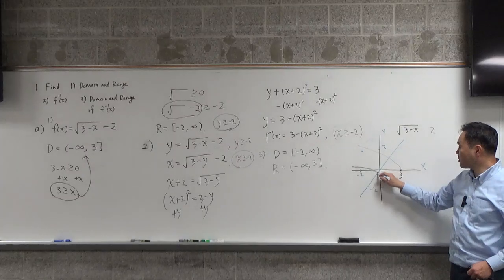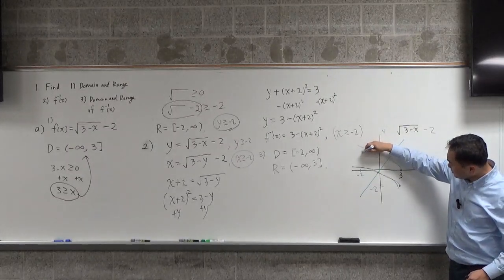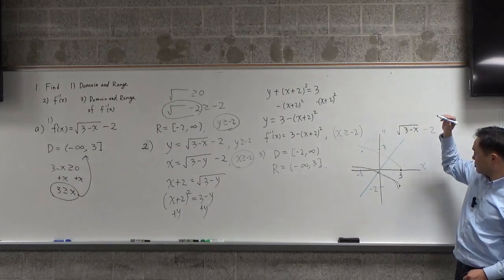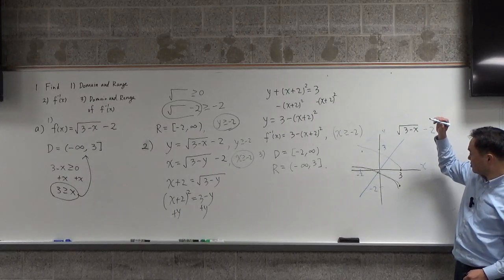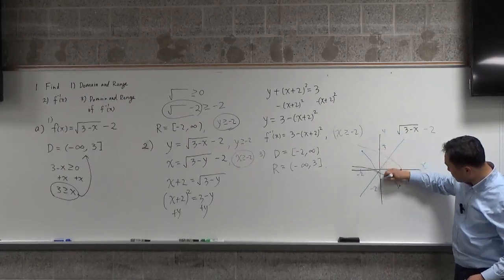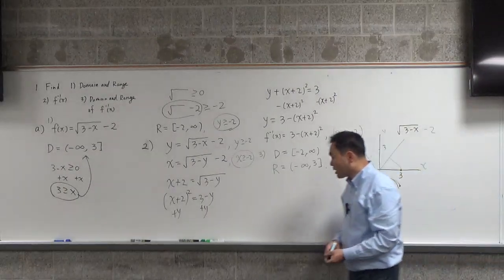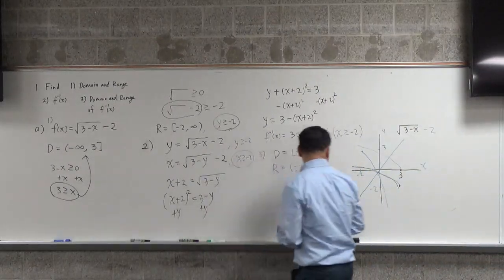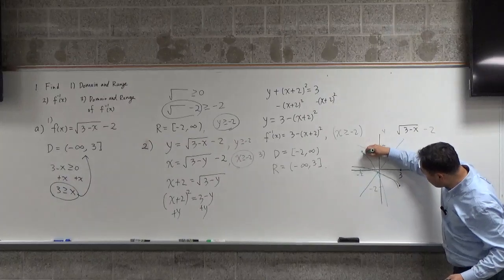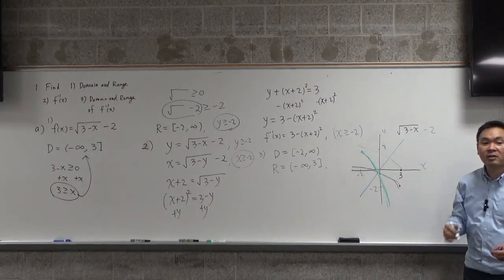anything that's on the graph would stay on the graph, so it will be more like this. Okay? So the actual graph of the inverse will be like this. It's a half a parabola.